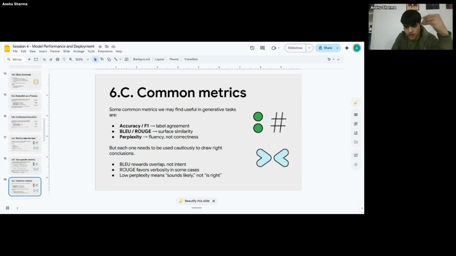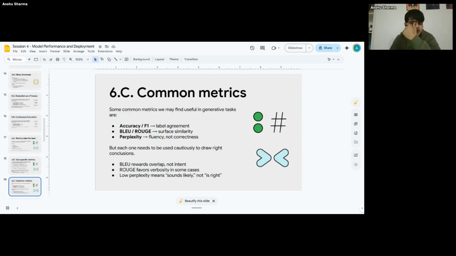There can be two word comparison, so is apple is occurring in the same sequence? These are called n-grams. We take n words at once, and we check whether those n words occur in the same sequence in the output of the model as they do in the gold standard, the preferred output. So that's how BLEU and ROUGE work.